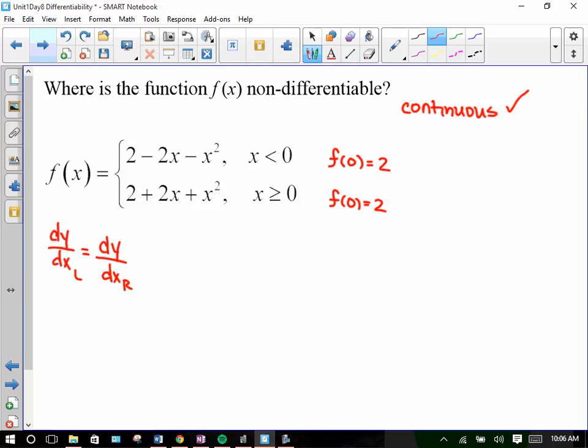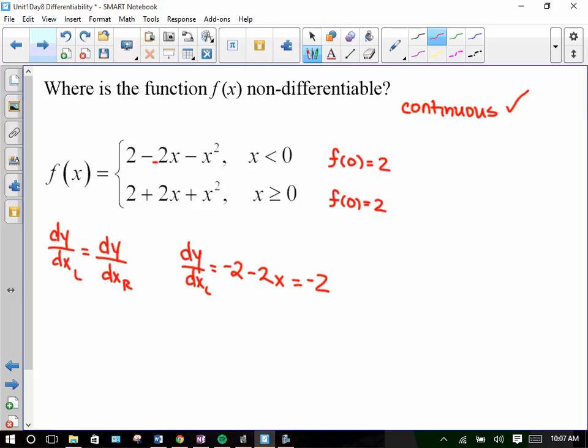We need to find the first derivative of the left, the first derivative of the right, and plug in 0. So dy/dx on the left is equal to, the 2 cancels out, so I have minus 2 and then minus 2x. I plug 0 in there, and we get negative 2.